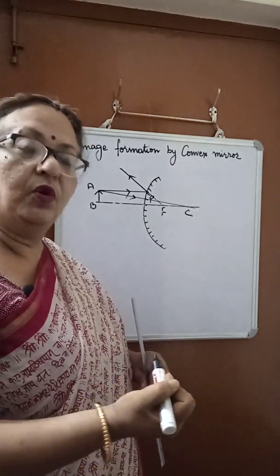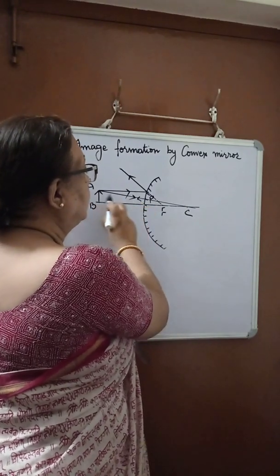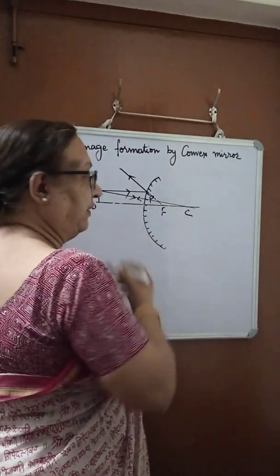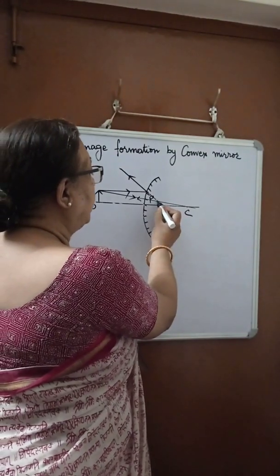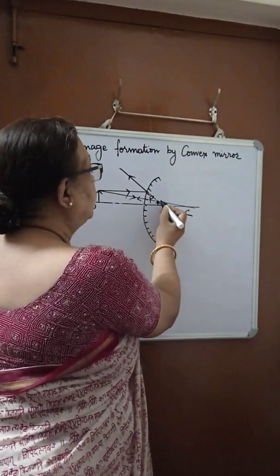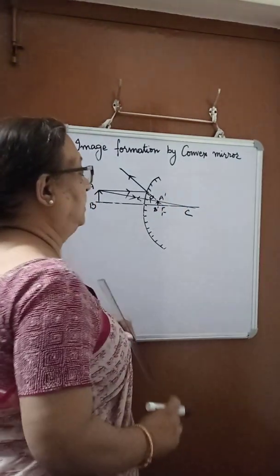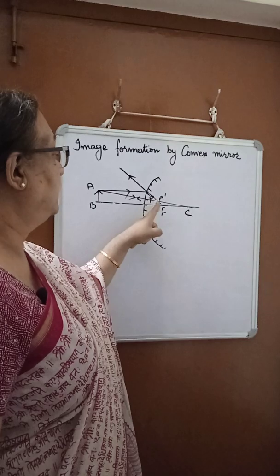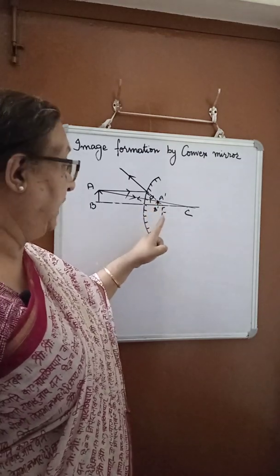It will again go back along the same direction. So this is the incident ray, this is the reflected ray. The two reflected rays meet at this point. So this gives you the image of the object. This is the position of the image.